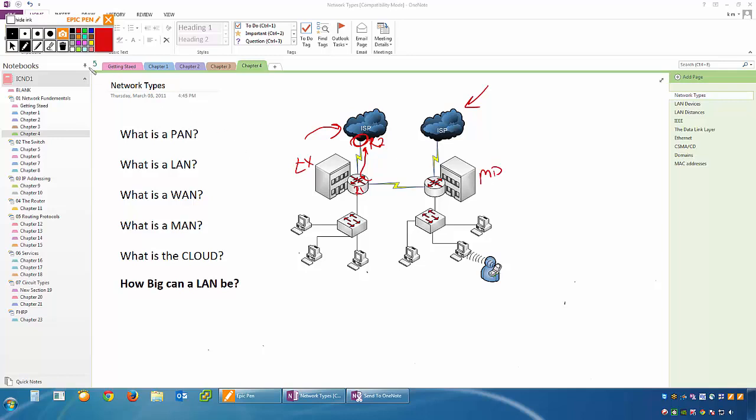So I could draw the cloud like this. Instead of having these two, I could just have one big cloud, or I could draw it like I already had it, two separate clouds. But the cloud means we don't know what's going on in there.